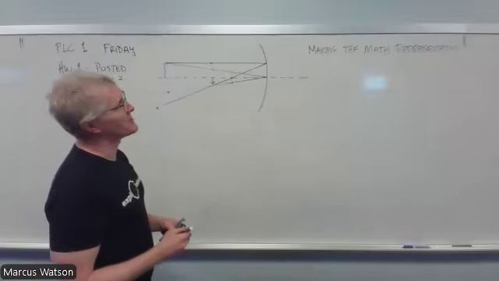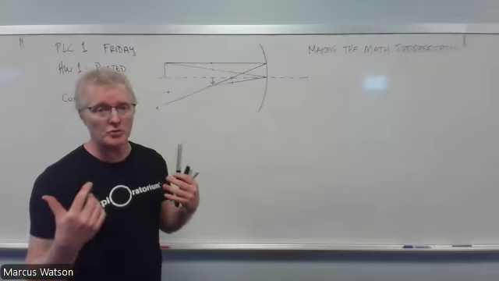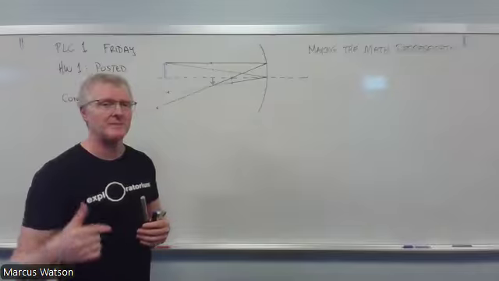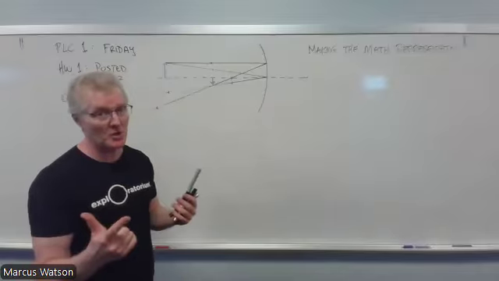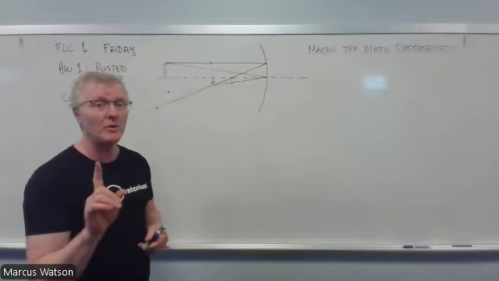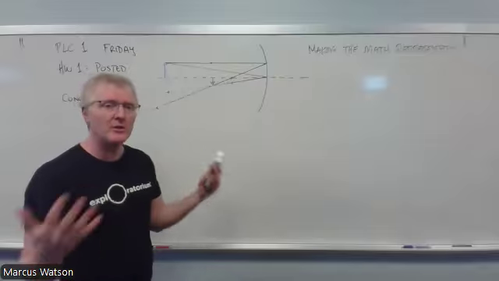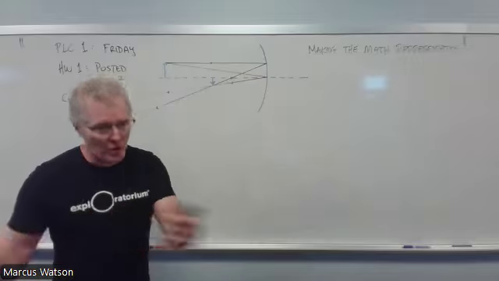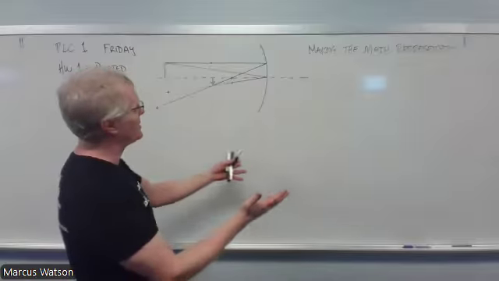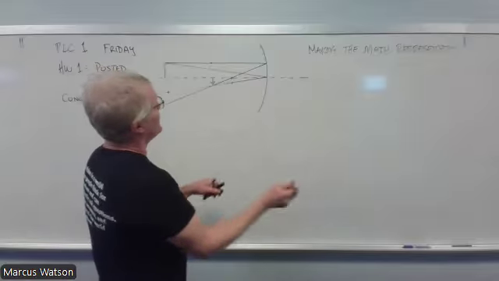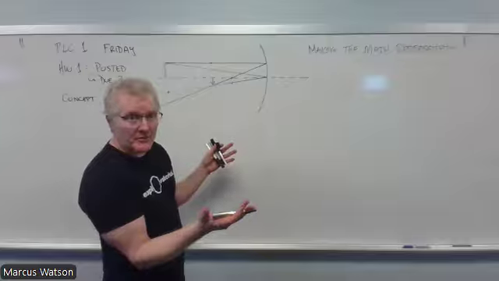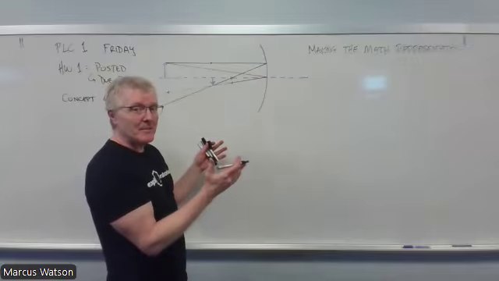Let's make the math representation. This is called ray optics, but it also goes by the name of geometric optics. So we've got some geometry to deal with. Why? Because we've got angles. The law of reflection is all about angles. Okay? So let's take a look. I have some angles that I know are the same.